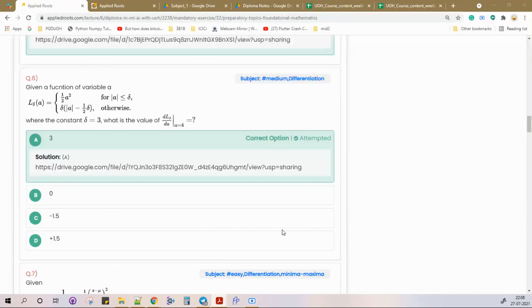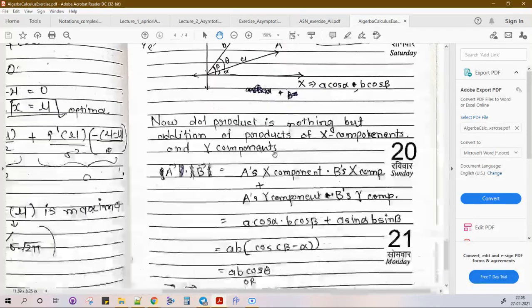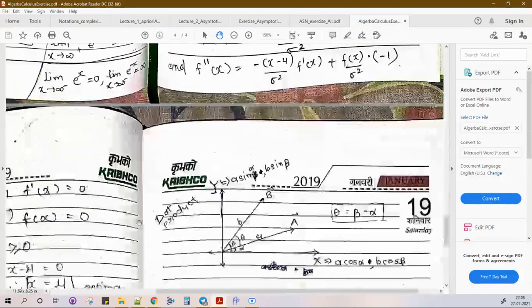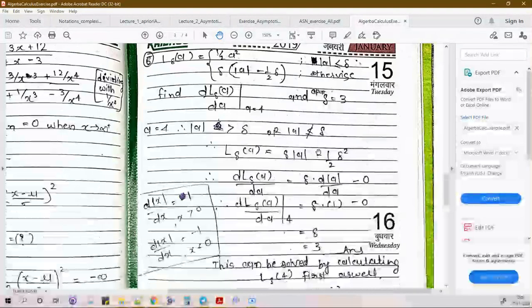So let's see how we can solve that. Now mode A is not less than or equal to delta, so we will use delta multiplied by mode A minus half delta square, since delta multiplied by delta is delta square.